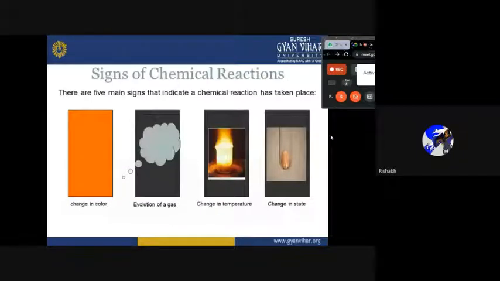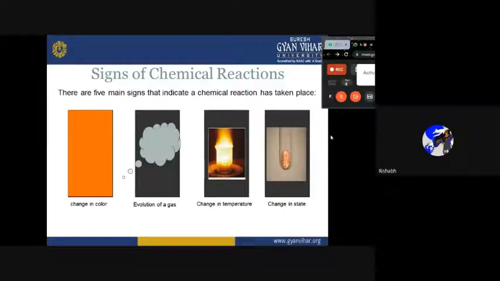First of all, you can detect that a chemical reaction has taken place based upon these five signs. Change in color is a sign of a chemical reaction, and emission of a gas is also a sign.